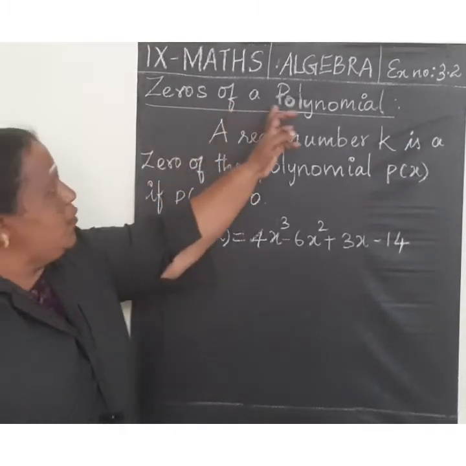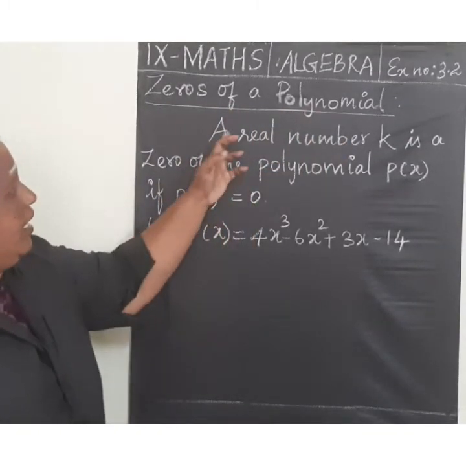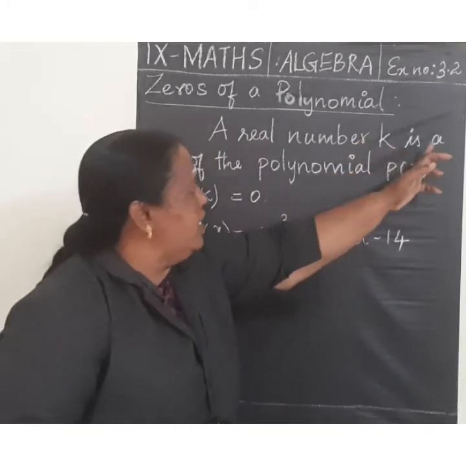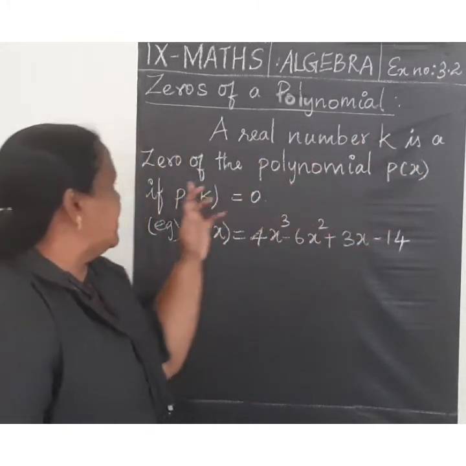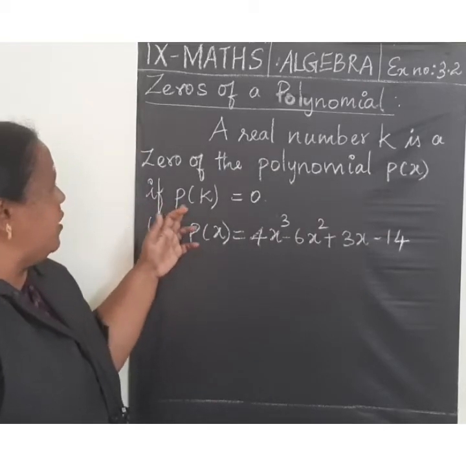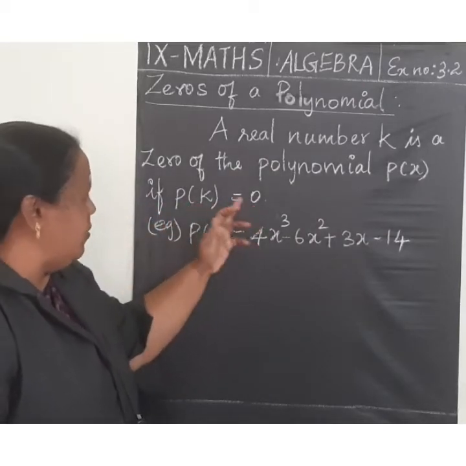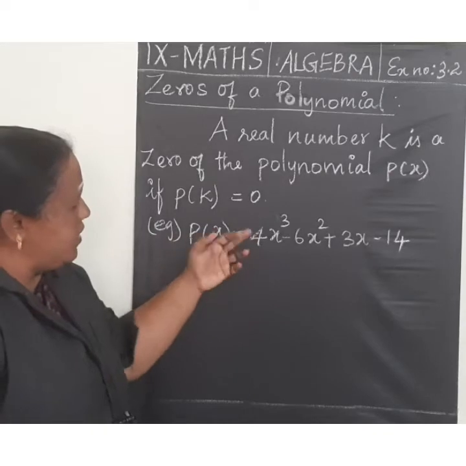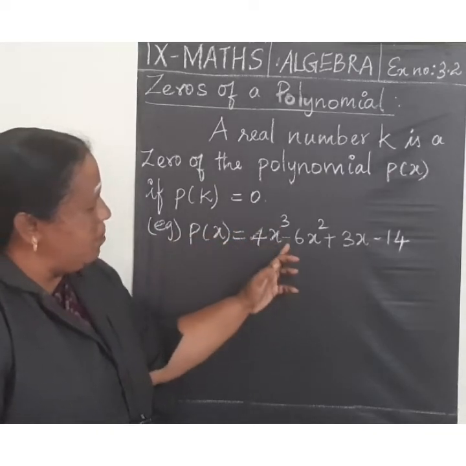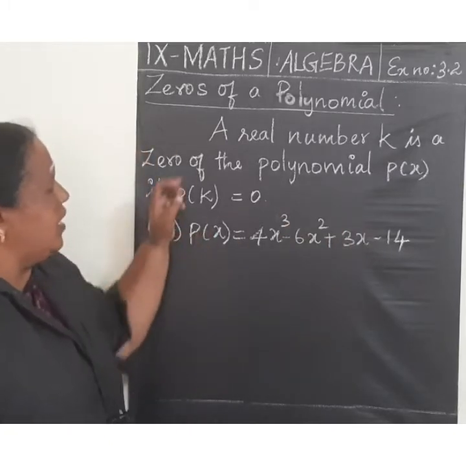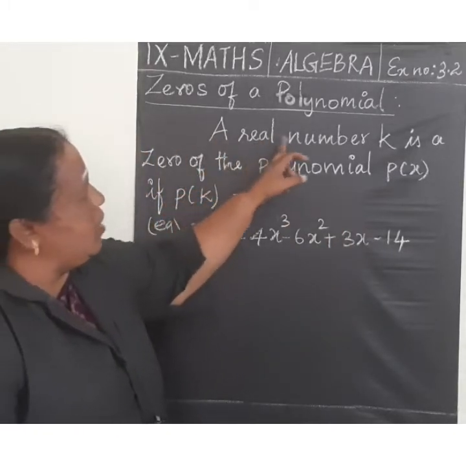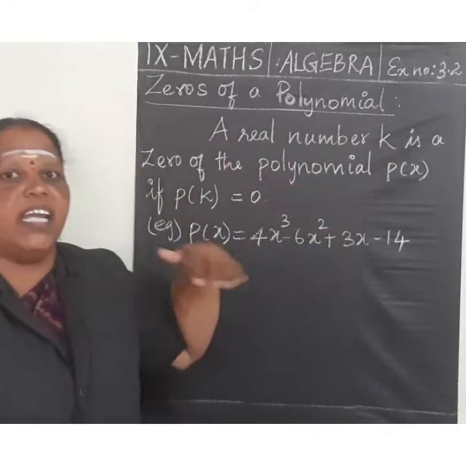Next, zeros of a polynomial. A real number k is a zero of a polynomial p of x if p of k is equal to 0. Example, p of x is equal to 4x cube minus 6x square plus 3x minus 14. Here they have given the definition, a real number k. We are taking any number.